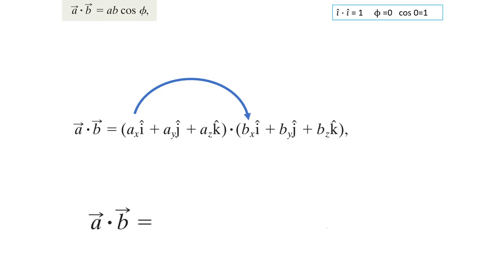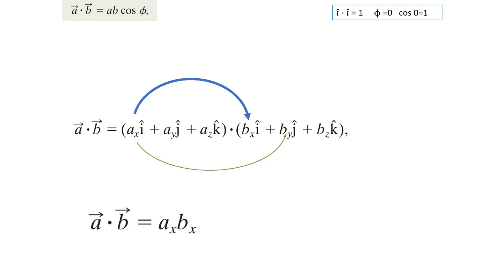The magnitude of i is 1 and the magnitude of the other i is 1, so 1 into 1, times cos phi. What is the angle between i and i? It is 0, so cos 0 is 1. In the end, i dot i is 1. So AX i multiplied by BX i yields AX BX multiplied by 1, which is AX BX.